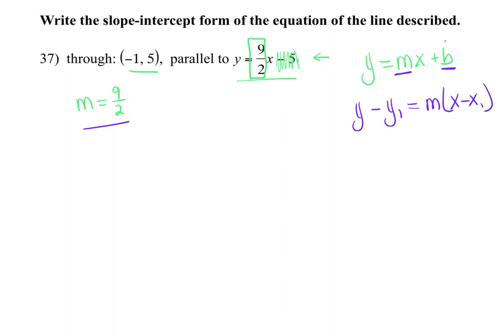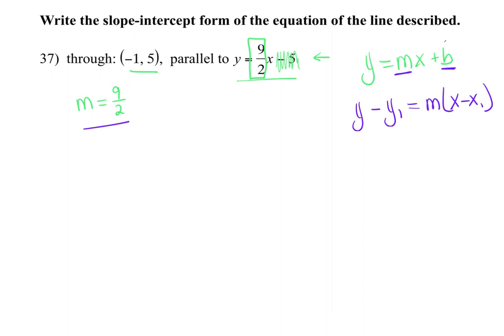You can use either one of those to figure out what your equation is. If you use this, remember, you are only using this to solve for B. You are not done, okay? If you use this one, once you get y by itself, you are done, okay? So it just depends on which one you want to do.